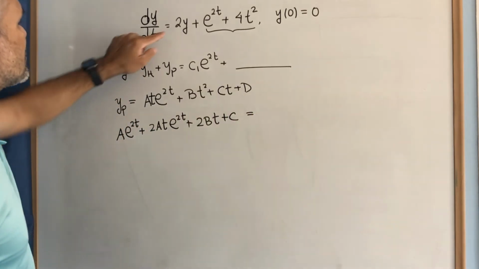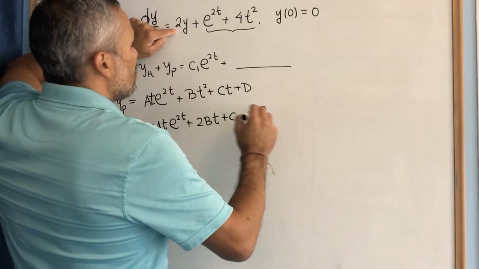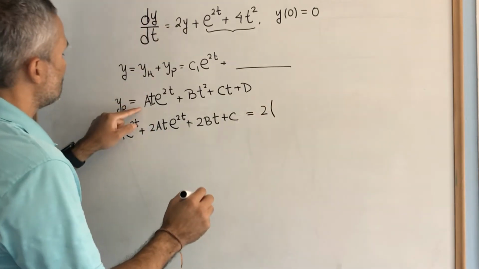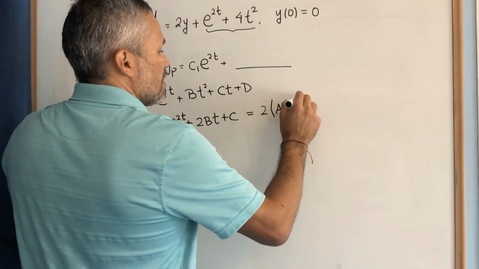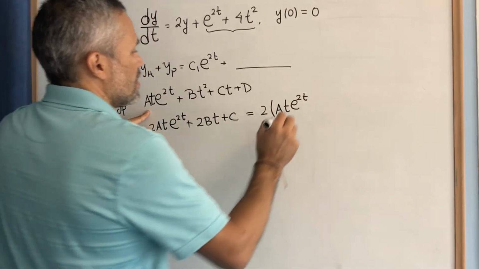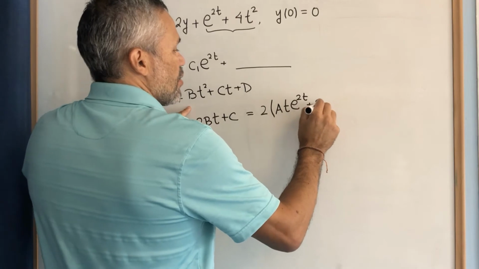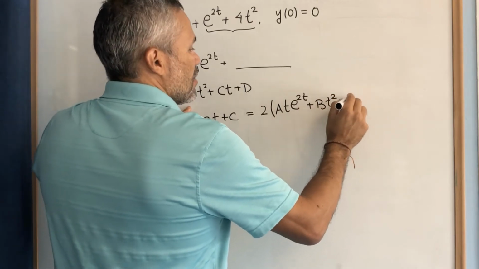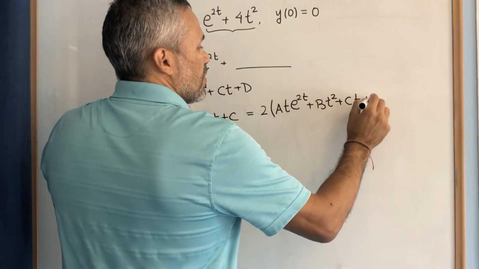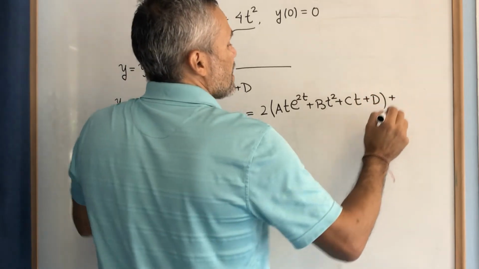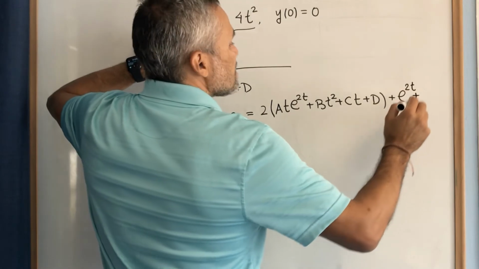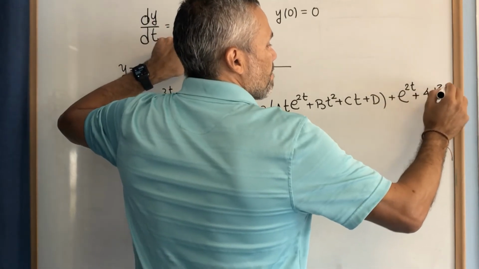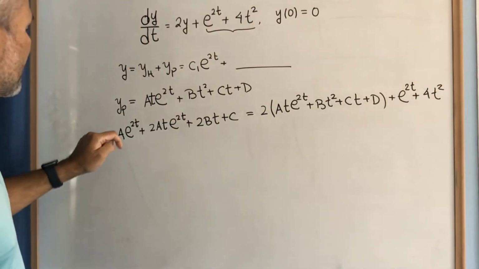We want this to be equal to 2 times the function, but the function is at e to the 2t plus bt squared plus ct plus d plus e to the 2t plus 4t squared. Let's see if everything is correct.